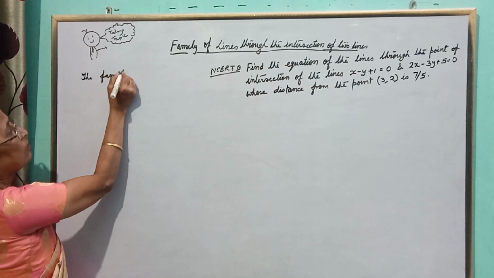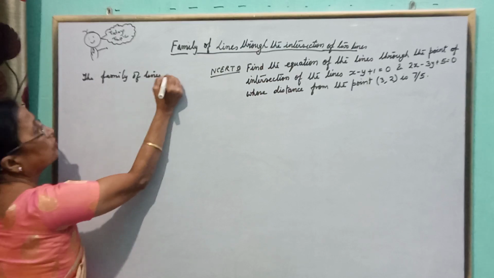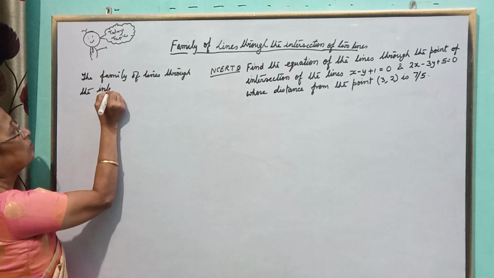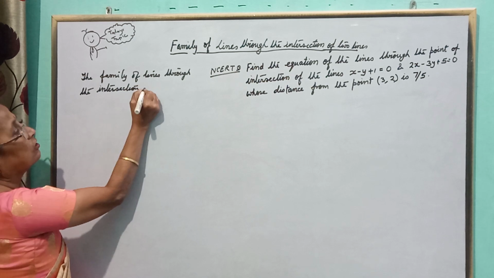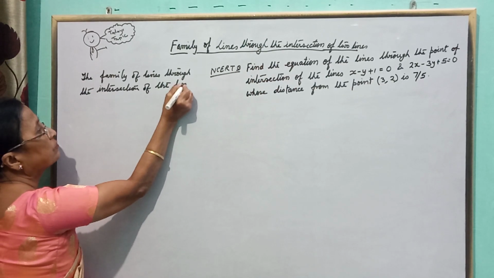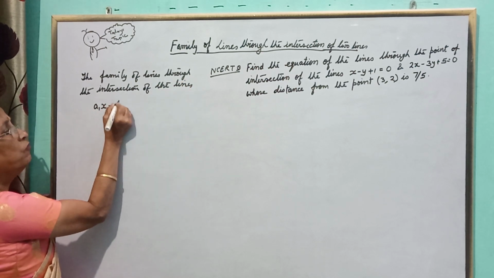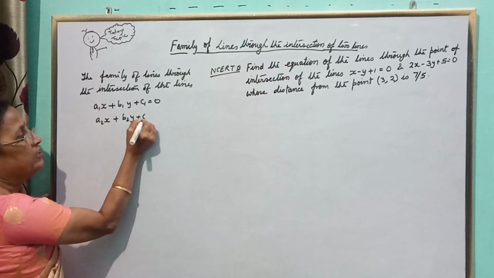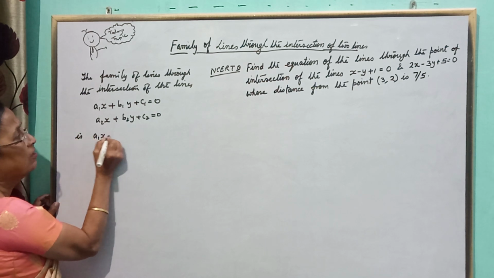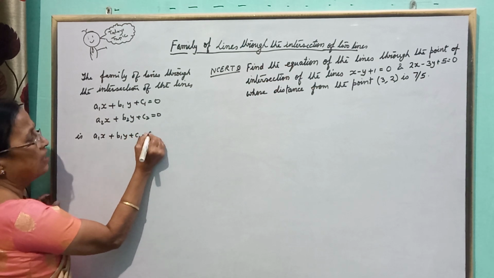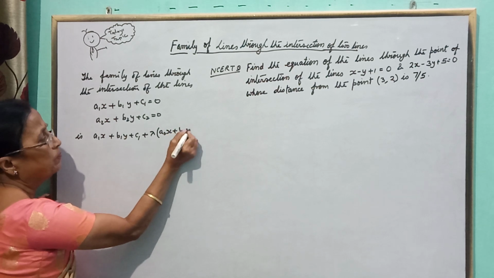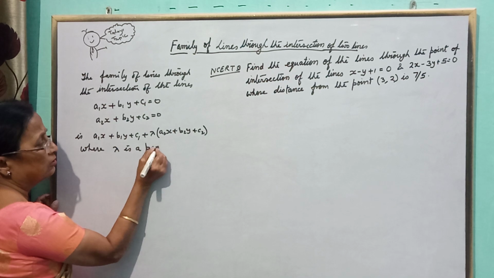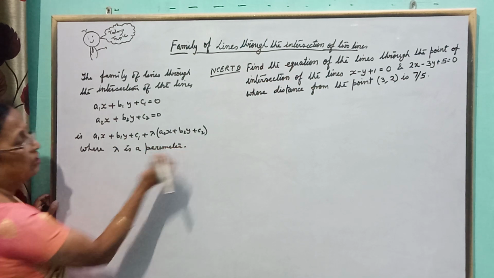Now, the family of lines through the intersection of the lines a1x plus b1y plus c1 equal to 0 and a2x plus b2y plus c2 equal to 0 is given by a1x plus b1y plus c1 plus lambda times (a2x plus b2y plus c2), where lambda is a parameter.